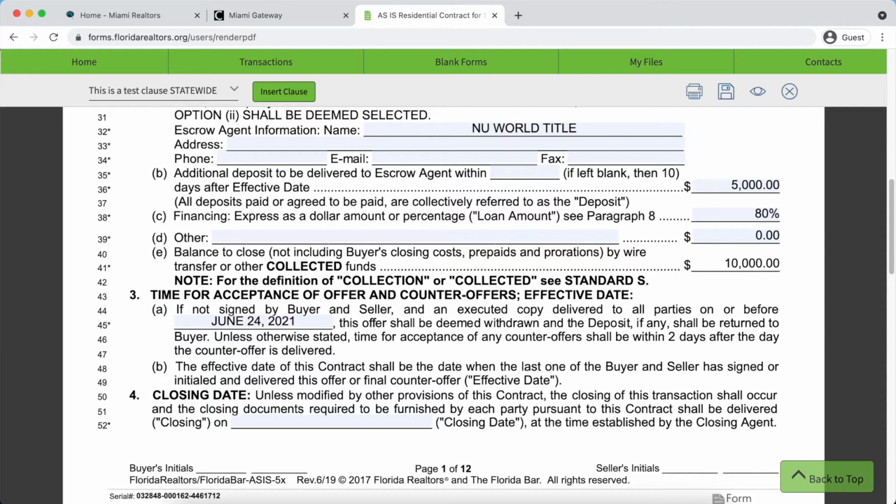Closing date. On closing date, I usually use the on or before, and then I put the date. The reason being is that if we have an opportunity to close earlier and the seller agrees, everybody wants to get their contract closed because ultimately nobody gets paid until the contract closes.